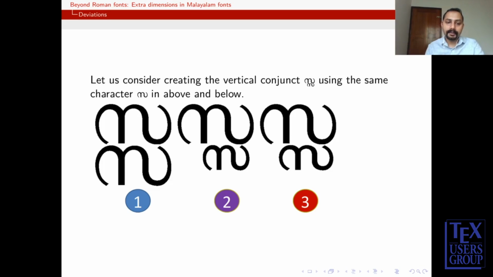The first one has a stacked conjunct sa on top of sa with the same matrix. The second one is where the below base character is reduced by a fixed percentage. The third one is reduced not by a fixed percent but by a varying metric.